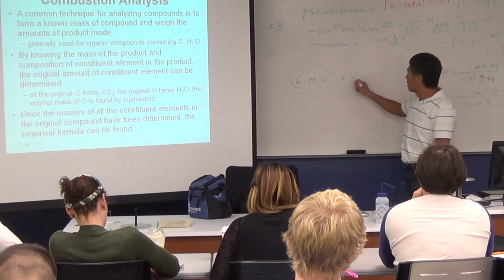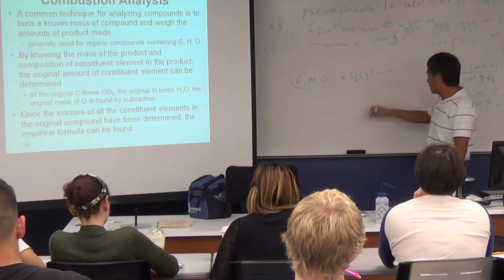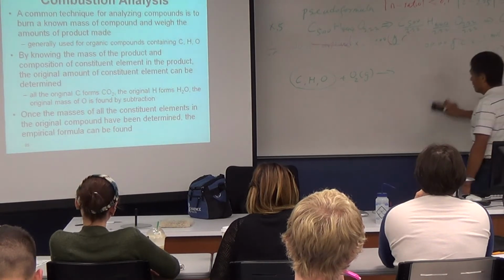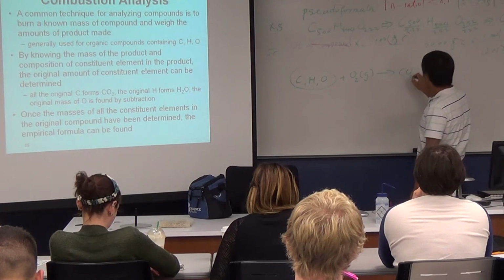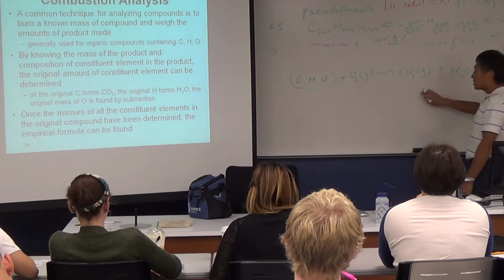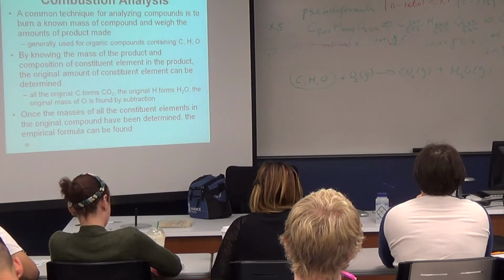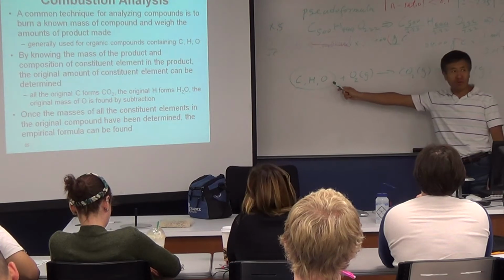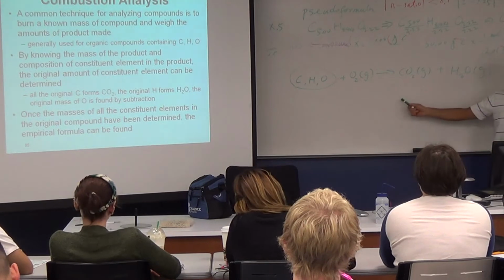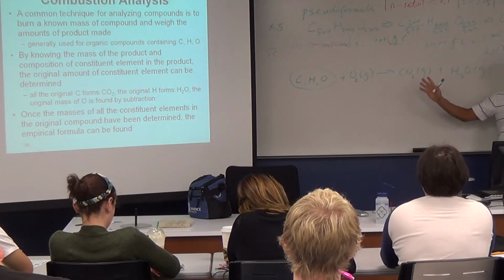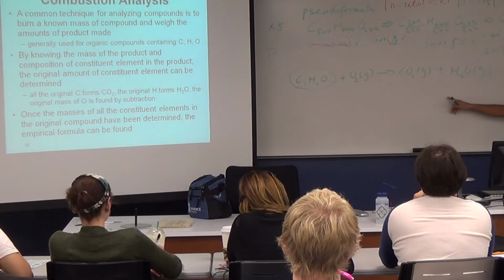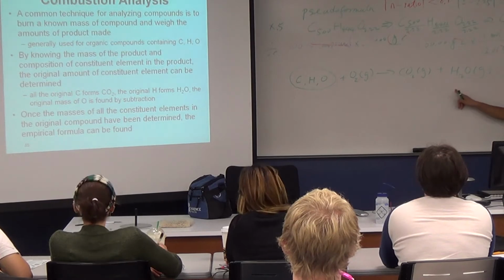And then plus oxygen gas, right. So if the reaction is complete, and what we have is only these 2 products, no matter what that formula looks like, if you supply enough oxygen and your reaction is complete, you will not produce CO, you produce CO2, and you have only these 2 products.